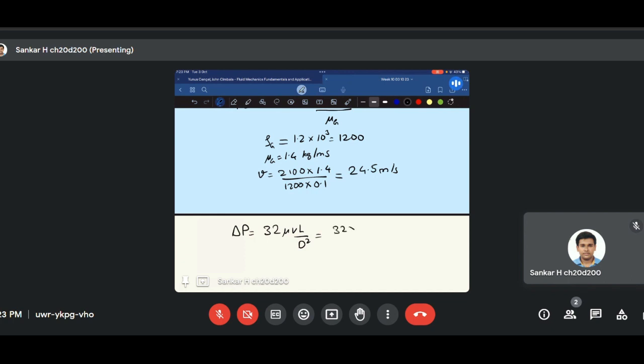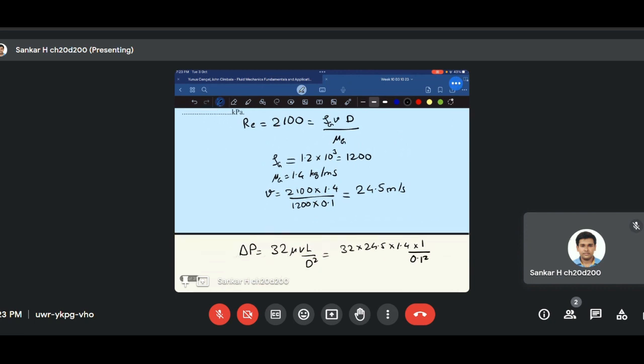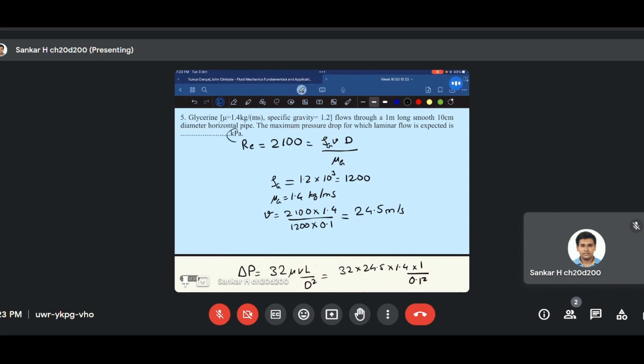This is 32 times 24.5 times 1.4 times the length of 1 meter divided by the diameter squared, 0.1 meters. And the pressure you would get here would be 109.76 in kilopascal, as has been asked.